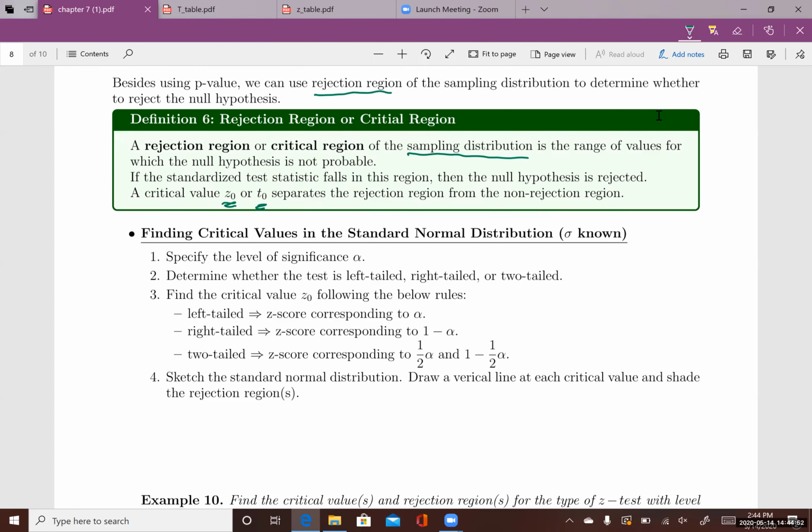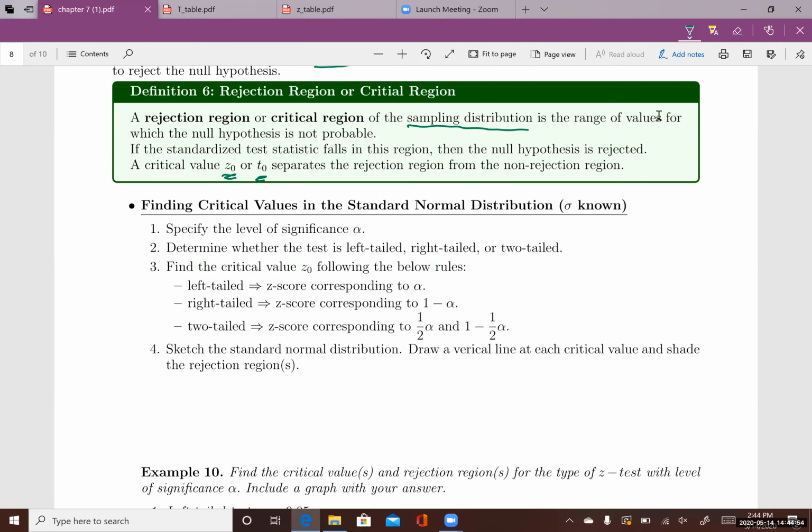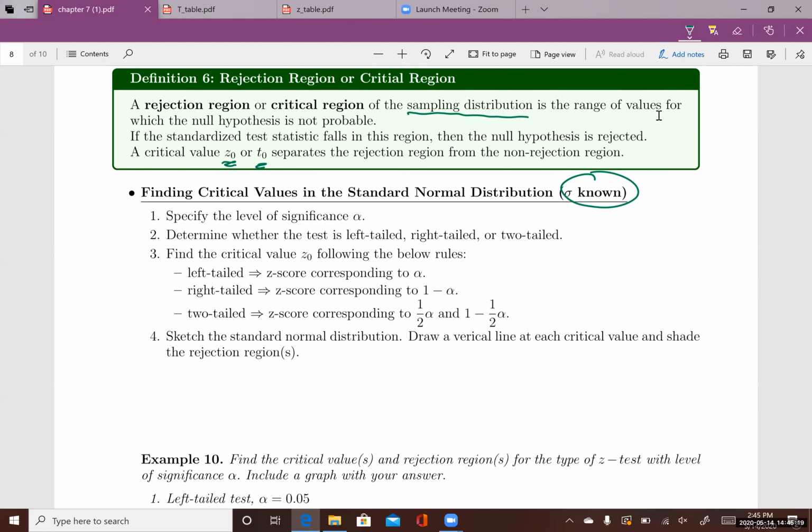All right, so let's learn how to find critical values, Z0 or T0, in the standard normal distribution and also in the T distribution when sigma is unknown. So you use the standard normal distribution when sigma is known, and you use the T distribution when sigma is unknown. First, when sigma is known, how can you find critical values?